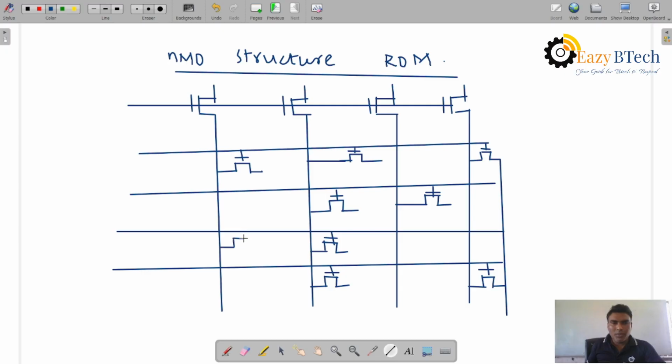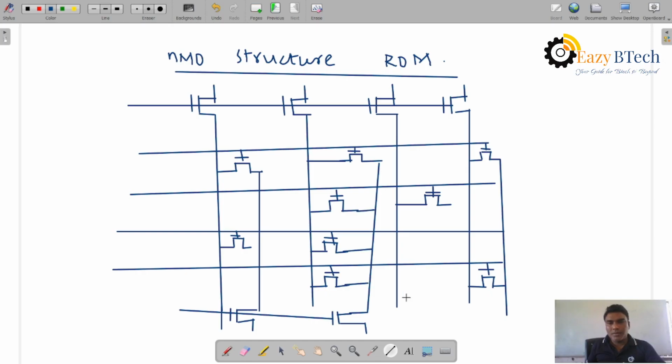Let me take one more here, and here is the transistor. The transistors are connected to the second clock. The two clocks are here.